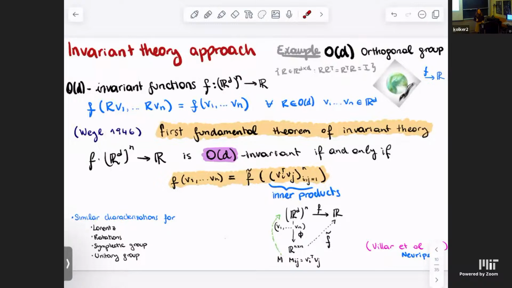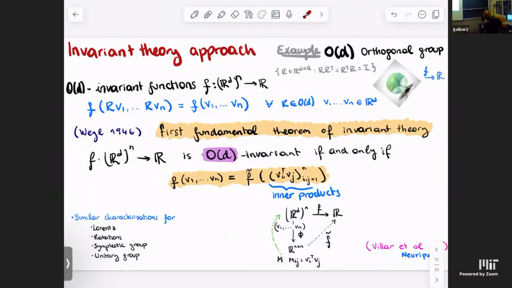So I'm just going to start with a simple physics example of how you can implement invariant functions on point clouds. And this idea, I'm going to say it for the orthogonal group, but similar ideas will work for other simple Lie groups where you know what the invariants of your group are using results from classical invariant theory.